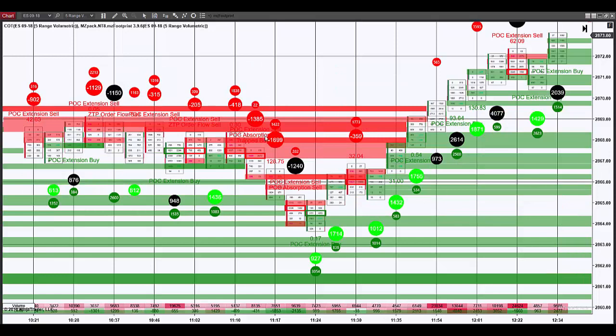What happens is the market does sell off, it does form a strong trend, and at the low we create a POC extension buy with a stopping ratio.